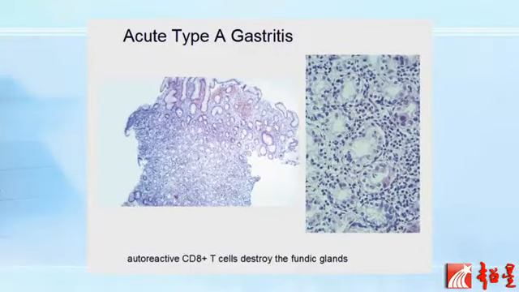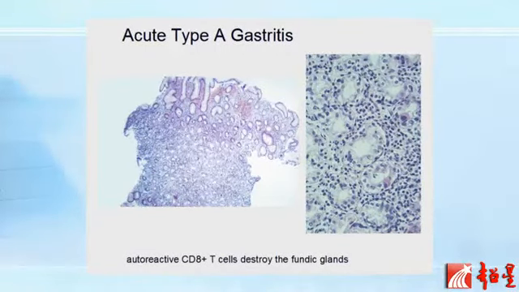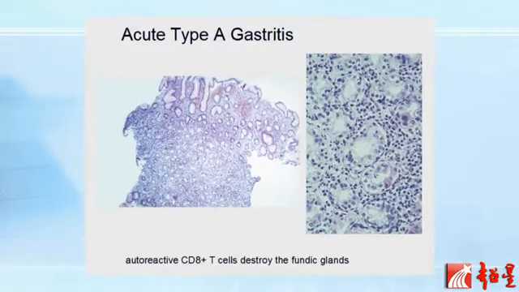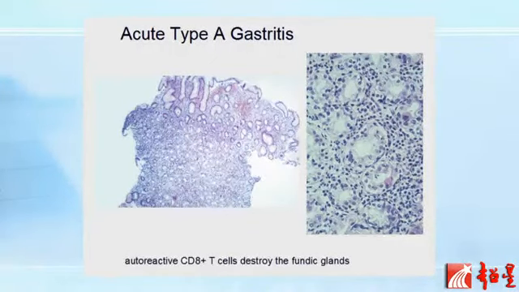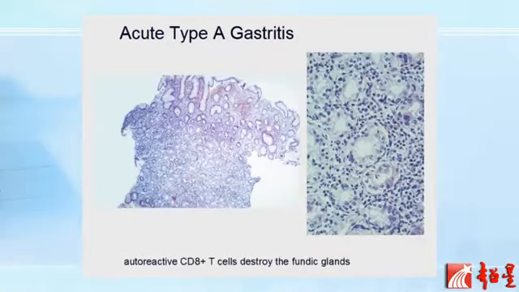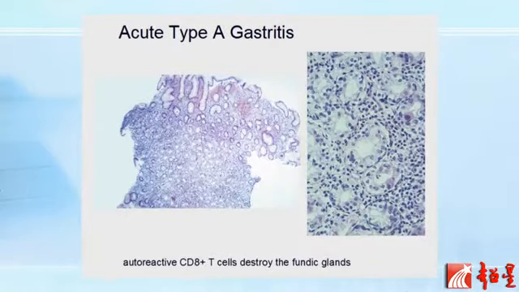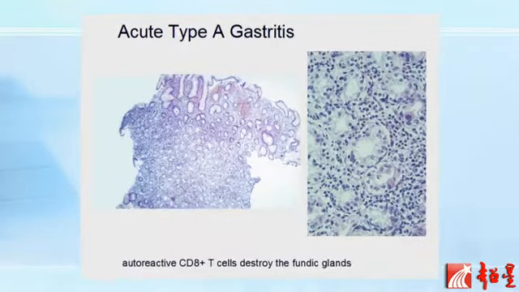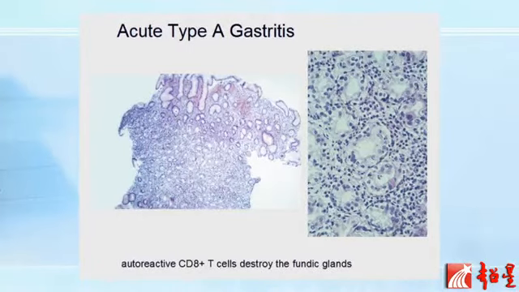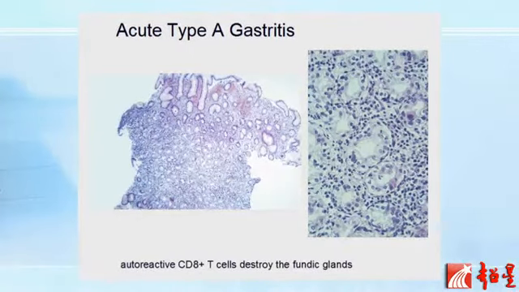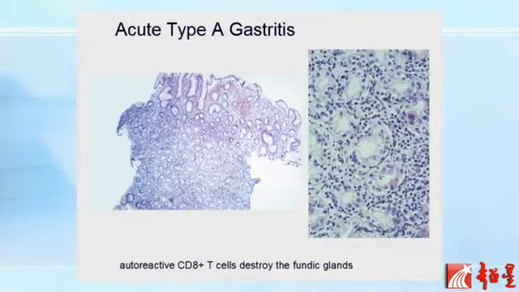This is the picture of type A gastritis. We can see here the glands are destroyed. Under high magnification, we can see here the cells are destroyed.